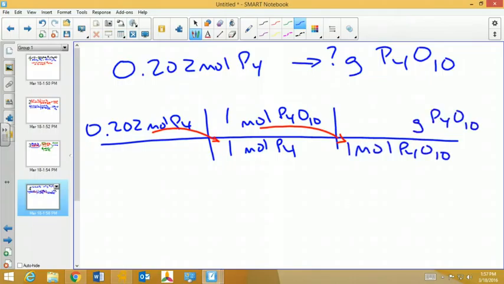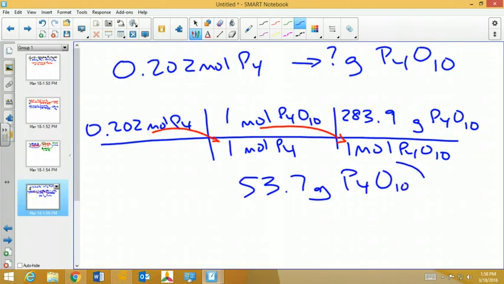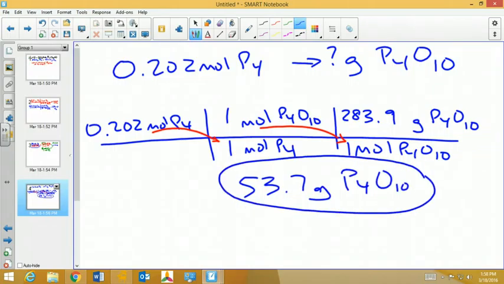And of course, it's always 1 mole. I take 4 P's and 10 O's from my periodic table, and I get 283.9. When I do my multiplication here, I get 53.7 grams of P4O10 that I make in this reaction.